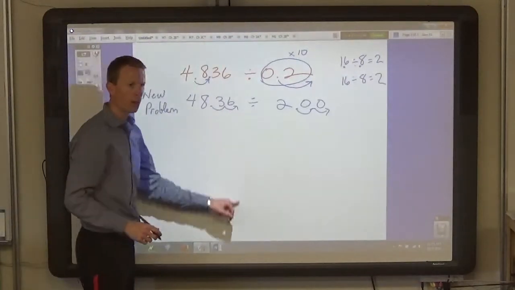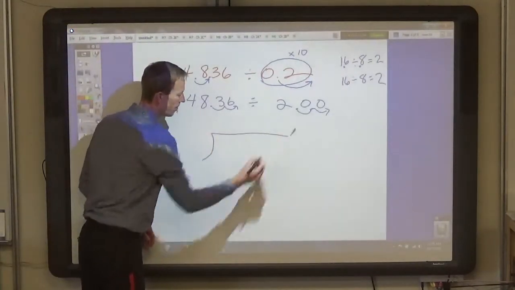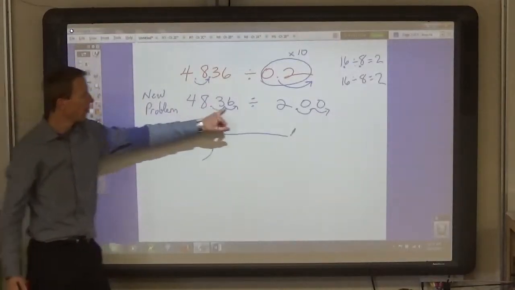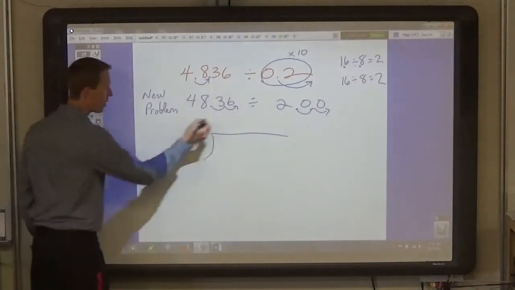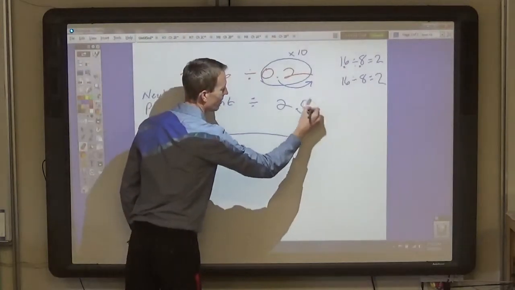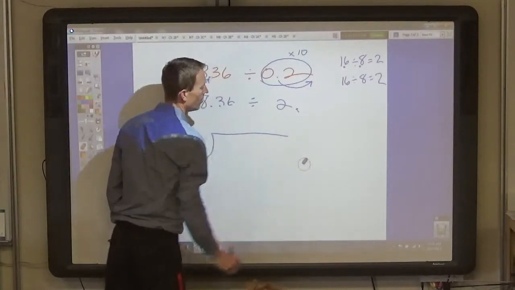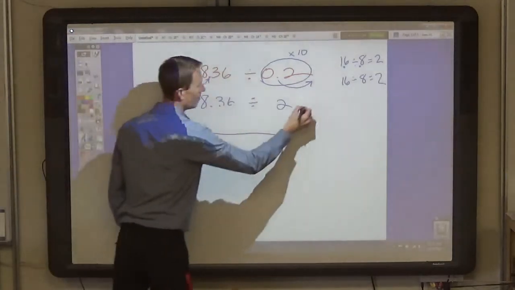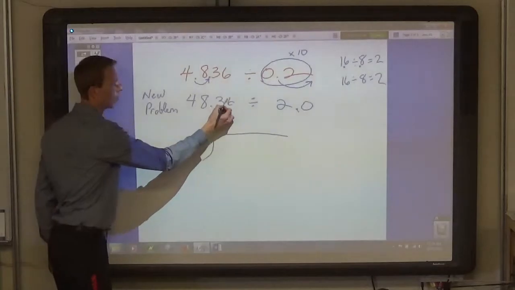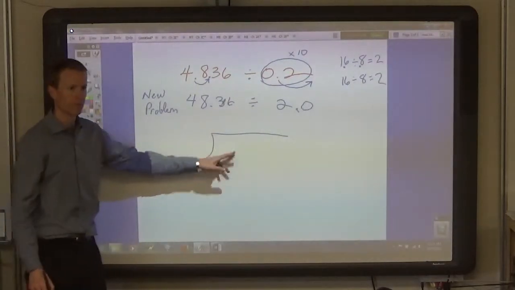So write the new problem this way. Write our new problem without the arrows, the one we had before.